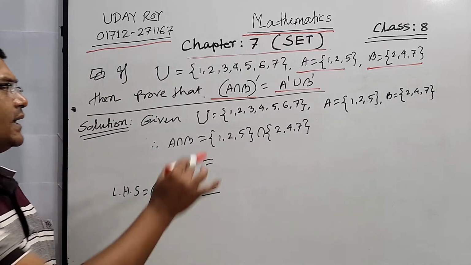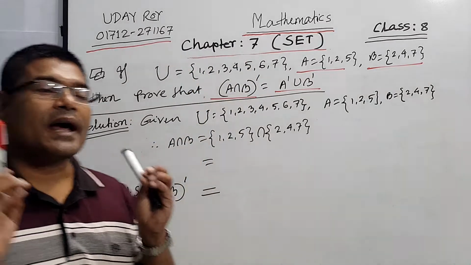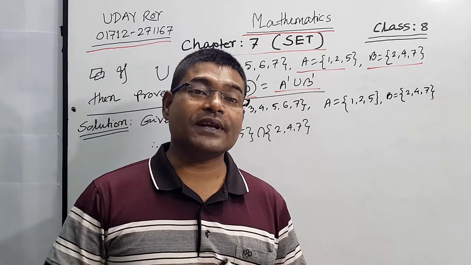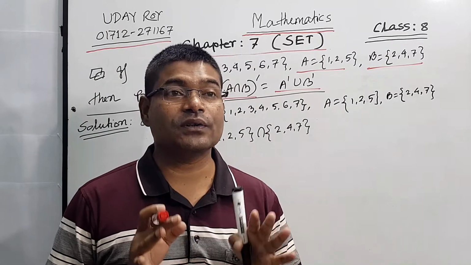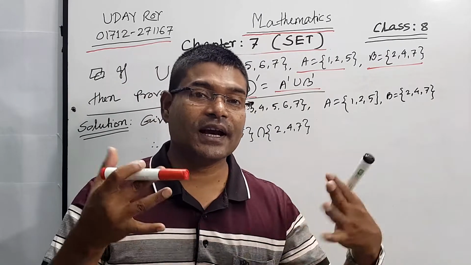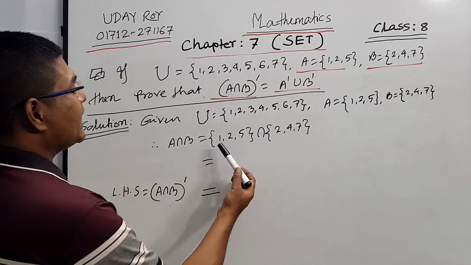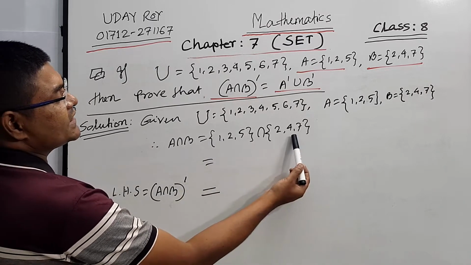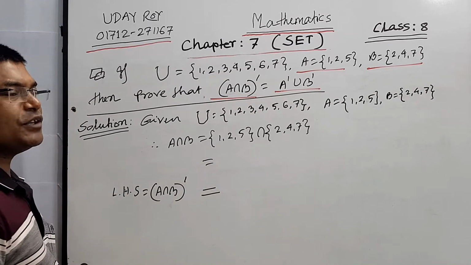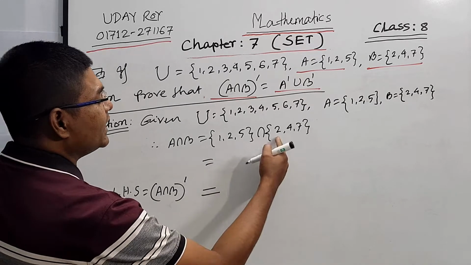Here is complement of A intersection B. So at first you have to find A intersection B. Then you have to find complement of A intersection B. A intersection B: this is A, this is B. Intersection means common. So the only common element is 2.